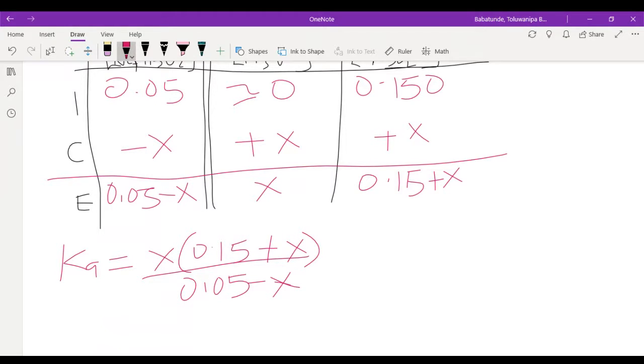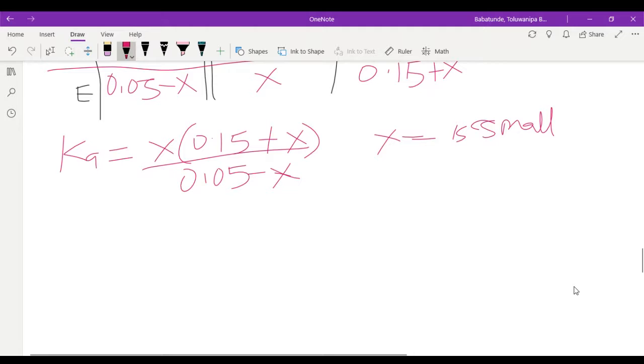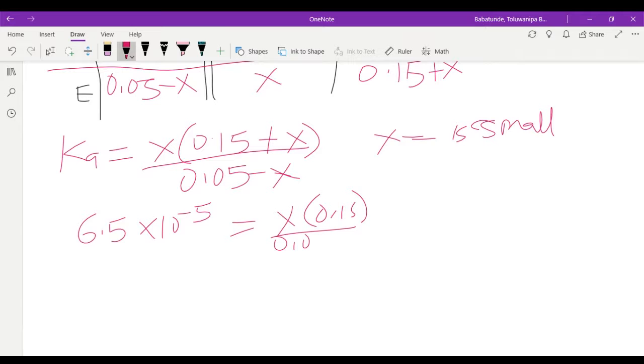Of course, we're going to assume that our x is small so that we can solve this problem. So if you assume our x is small, the equation is going to be Ka, which is 6.5 times 10 to negative 5, is going to be equal to x into 0.15 over 0.05.